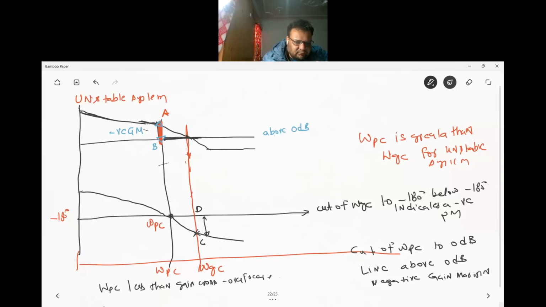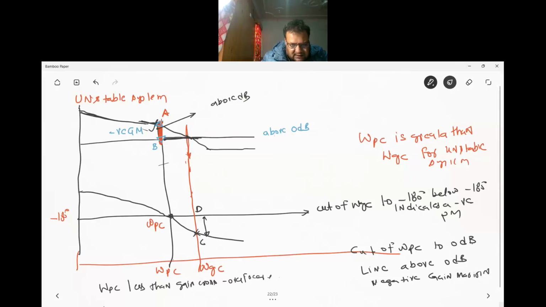Now here you notice what is happening. This is your phase crossover frequency, right? The phase crossover frequency is hitting the magnitude plot above the 0 dB line, so gain margin is negative.